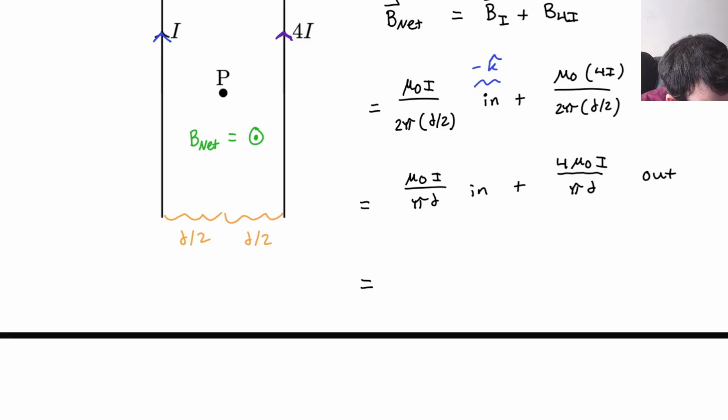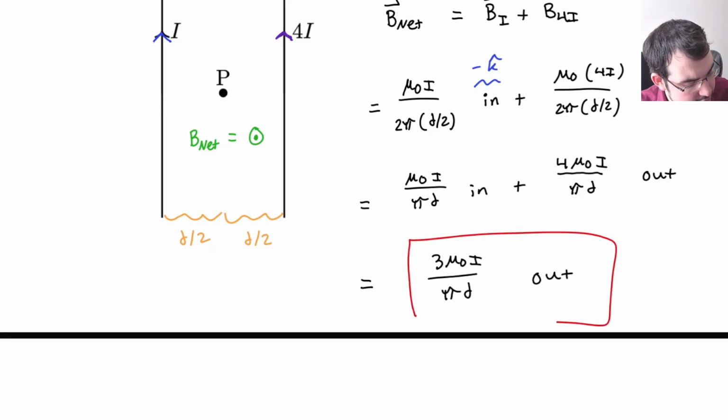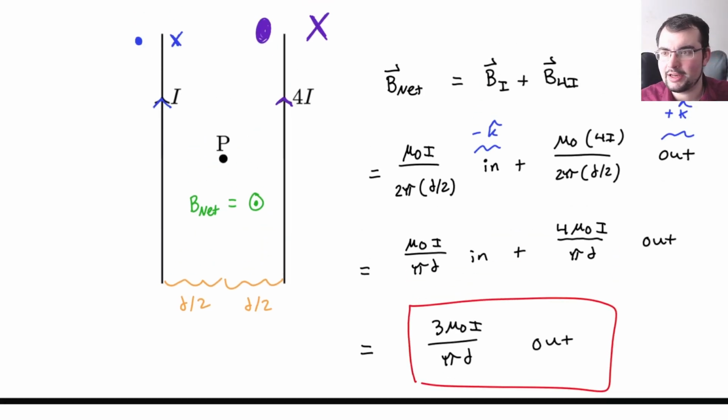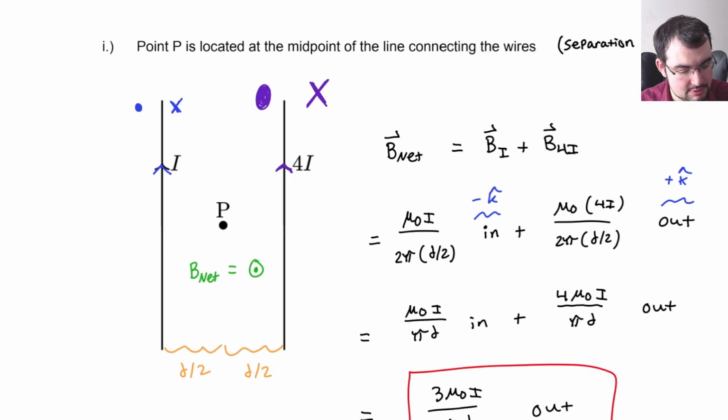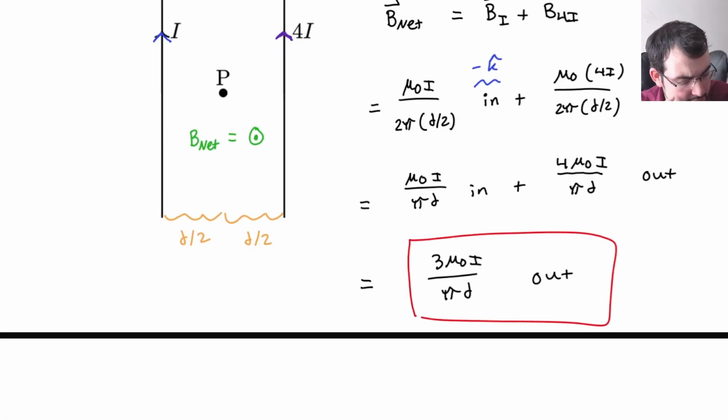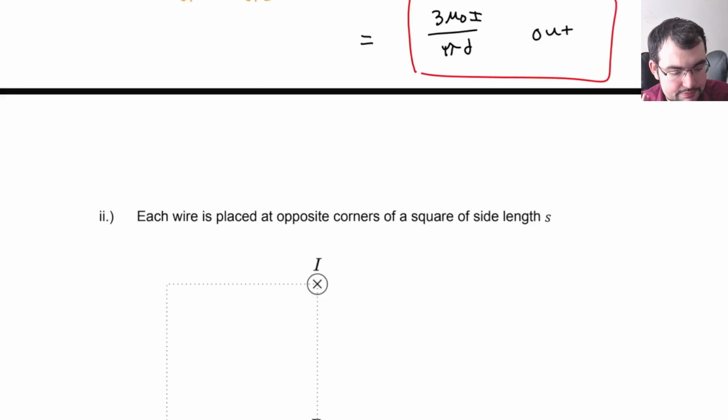So our net result would be 3 mu naught I over pi d, and it's out of the page. And you should have been able to figure that out. If the B field from this wire is B, you know that this B field would be 4B, but in the opposite way, so you get a 3 happening. So pretty straightforward there.